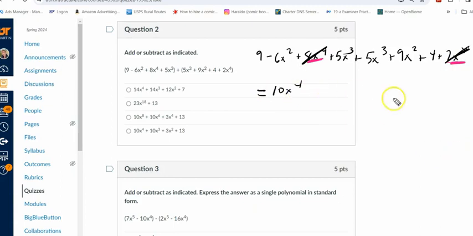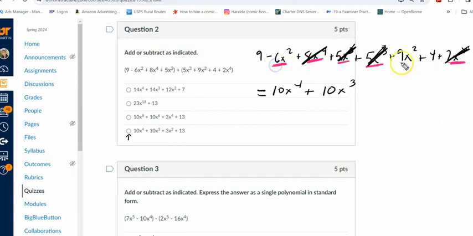And then now the next largest power is going to be x cubed, or x to the third. So 5x cubed plus 5x cubed is going to be 10x cubed. Now, already from the selections, it's going to have to be this one, just from multiple choice selection. But let's continue. Do I have any x squared terms? Yes, I do.